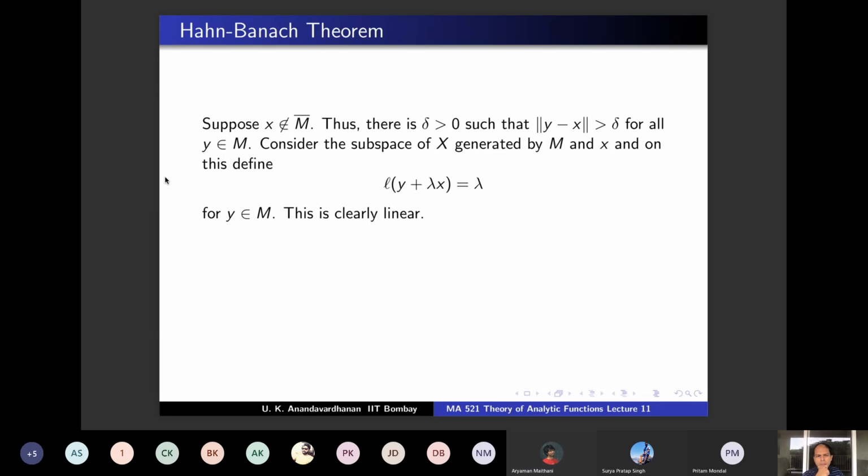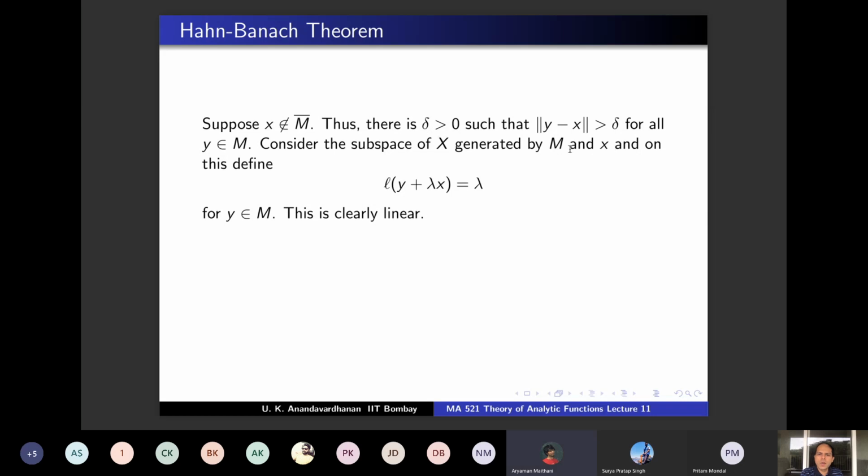You can check, take two things, y1 plus lambda 1 x and y2 plus lambda 2 x. You check this representation y plus lambda x is unique, in the sense that there is only one lambda for which you can write it. I don't think we are doing any such thing. What is the space? It's a space generated by M and x, right?